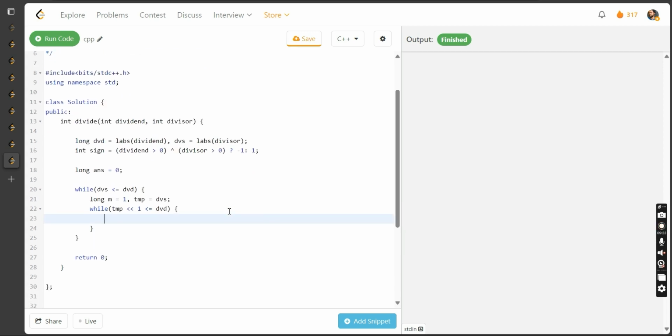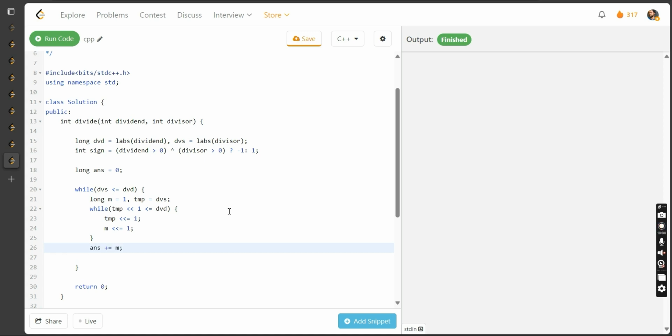Multiply temporary variable with 2. Multiply your scale with 2. Both are actually multiplication with 2. Left shift does multiplication with 2. So now you have a factor of power of 2 which will be contributing to your answer.